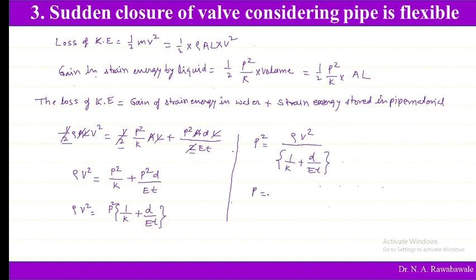Taking square root on both sides, we get P equal to V times the square root of rho divided by 1 by K plus D divided by ET. The square root is applicable to both denominator and numerator. We call this equation number 10. It gives us the pressure intensity if the pipe is assumed to be flexible.